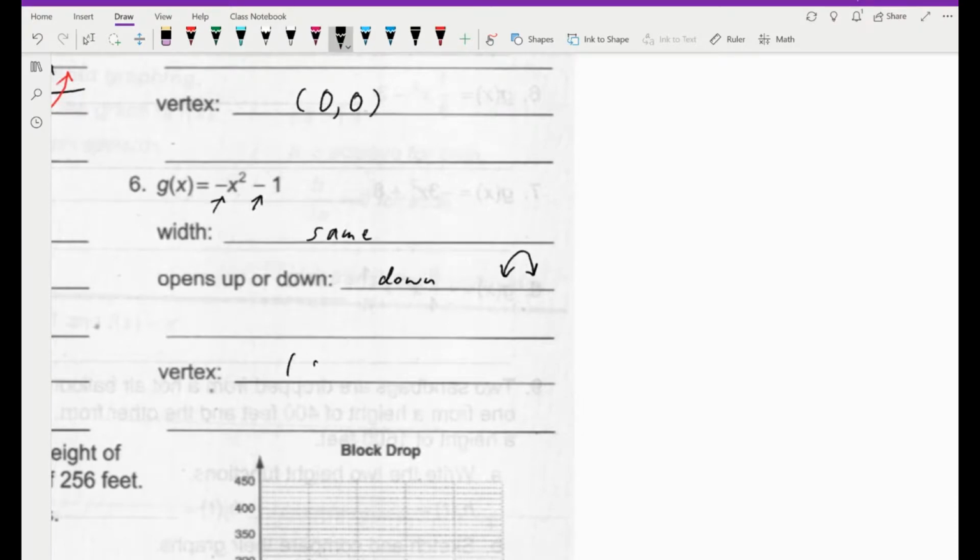It's shifted down 1 unit. So with this graph, normally y equals x squared looks like this. There's your basic x squared graph. But our graph here is opening downwards and is shifted 1 unit down. So it'll look like this. This would be the g of x here. Shifted down 1 unit, and it's opening down.